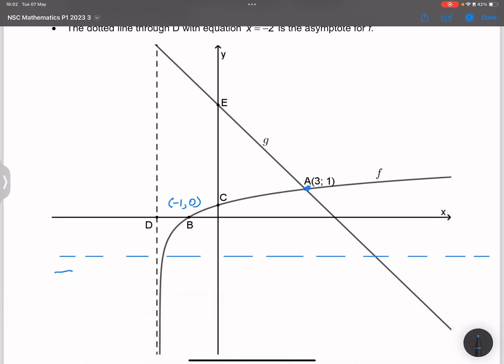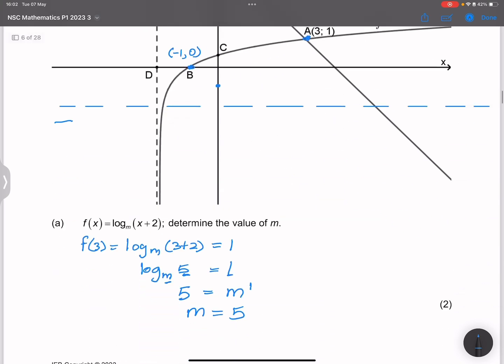So remember, we had an x-intercept at (-1, 0), now we are going to have a y-intercept at (0, -1), okay? And we had a y-intercept at 0.43, if I remember.